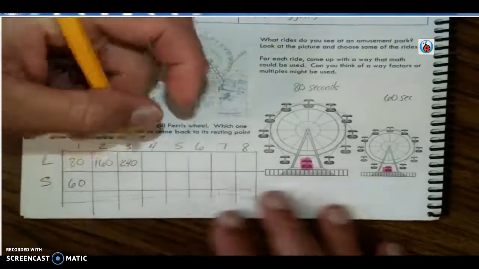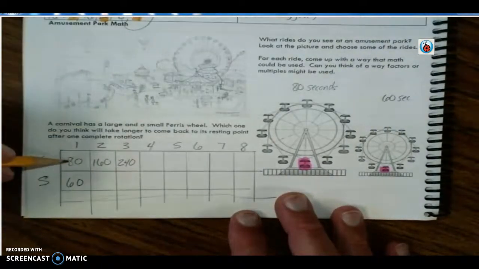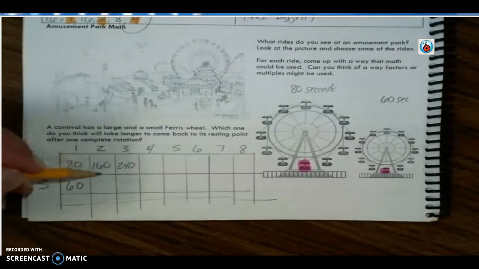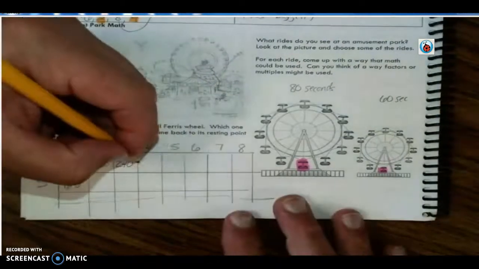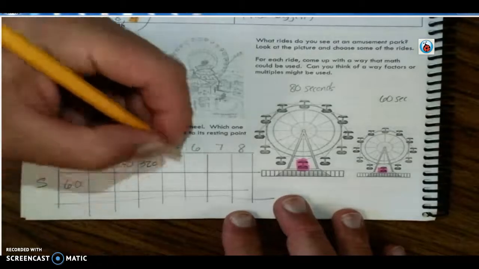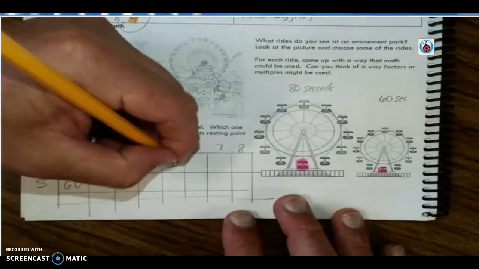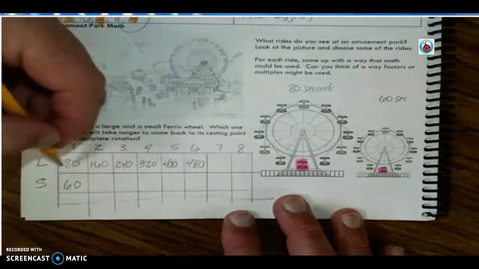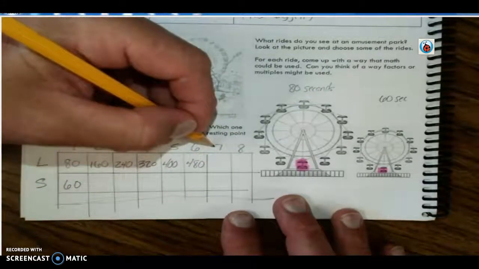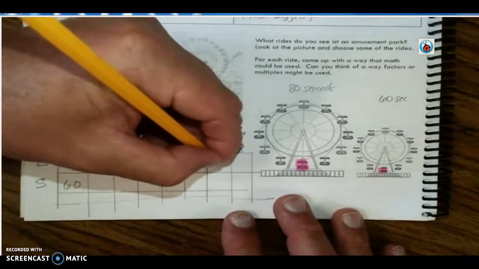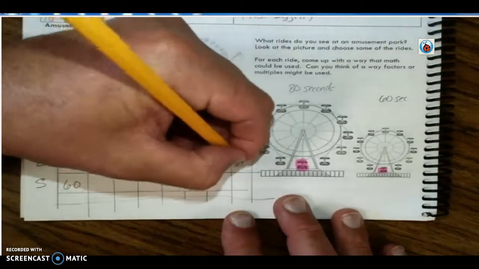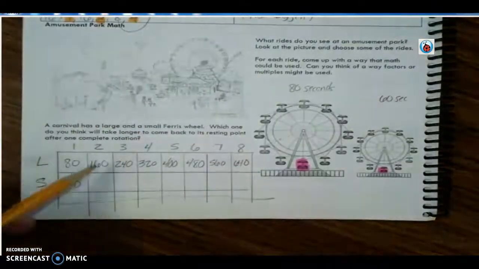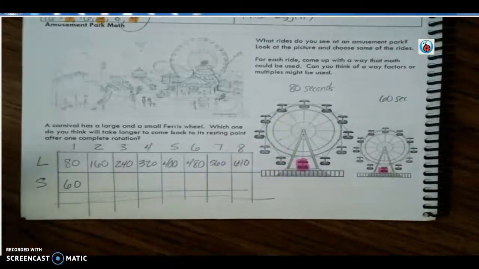This is basically 80 times 1, 80 times 2, 80 times 3, 80 times 4, 400, 480, 80 times 7 is 560, and 640. And these are all seconds, okay? These are all seconds.